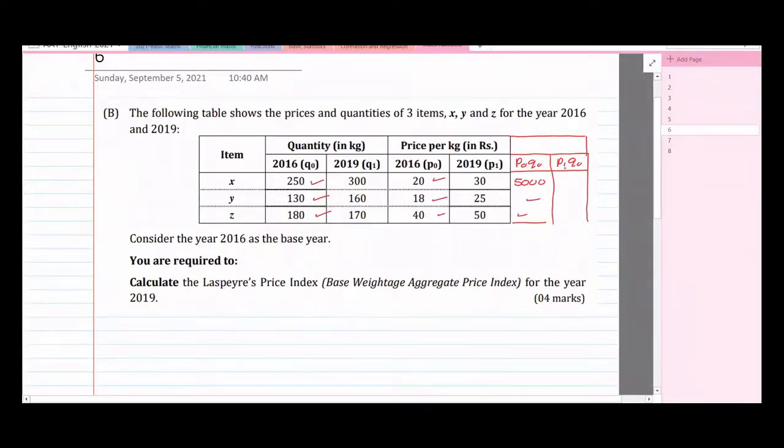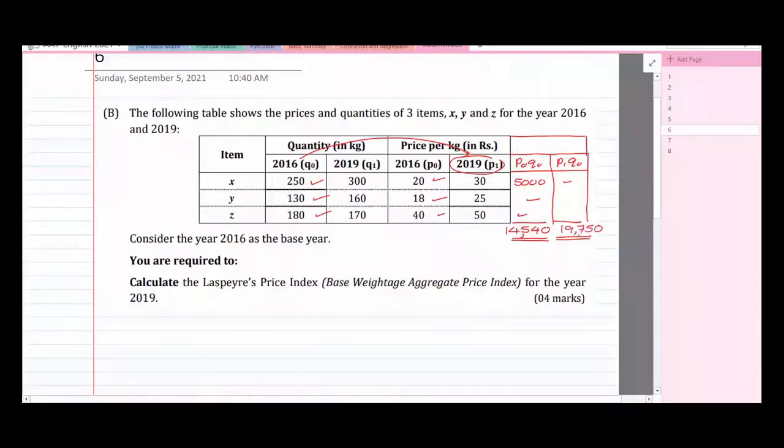And P1 Q naught, this column with Q naught, first and last, you fill the middle. Can someone tell me the sums of these columns? P naught Q naught is 14,540. P1 Q naught is 19,750.